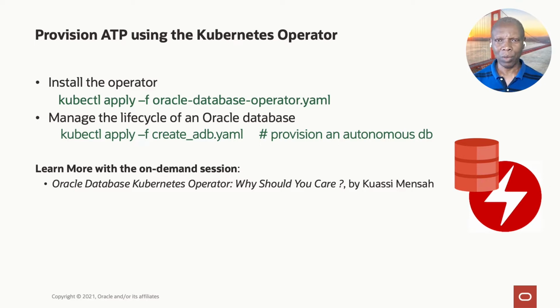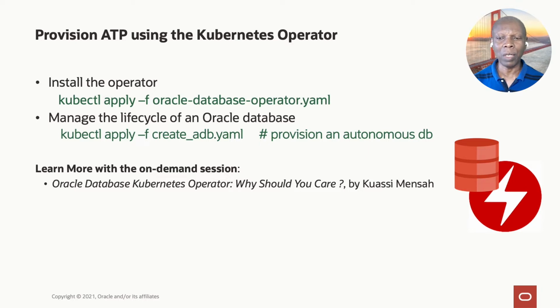So all you need to do is install the operator by using the kubectl command, and then edit the template. We provide a template for provisioning or creating an autonomous database, a YAML file which defines the custom resource. You edit that file with your specifics, then save and apply the file.